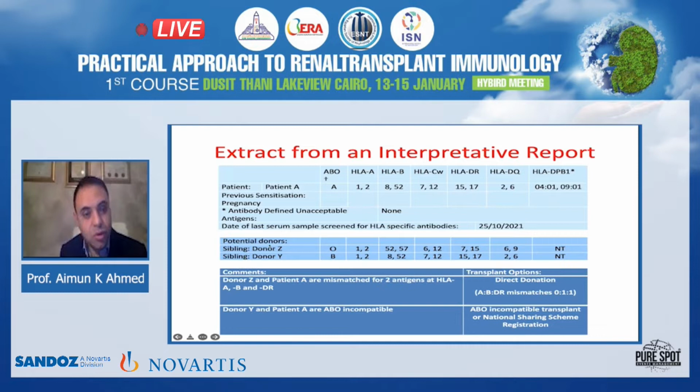So for example, if we take donor Z as a potential donor to potential recipient A, then donor Z can donate because it's blood group O, and there is an HLA mismatch between them, 0, 1, 1. While donor Y is blood group B, so there is ABO incompatibility. So they cannot donate unless there is an ABO incompatible program or desensitization program, or enrolling into the national sharing scheme for pair pool and exchange.